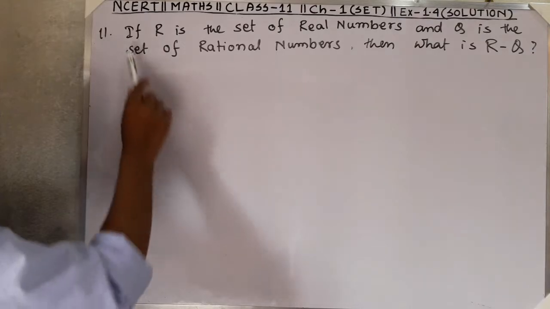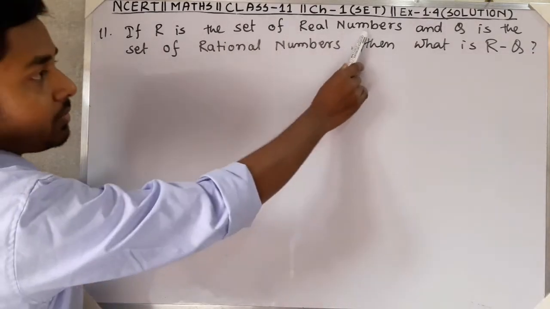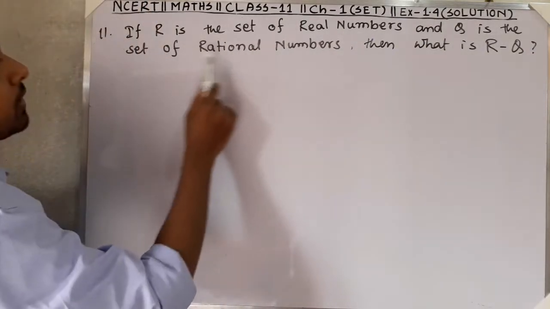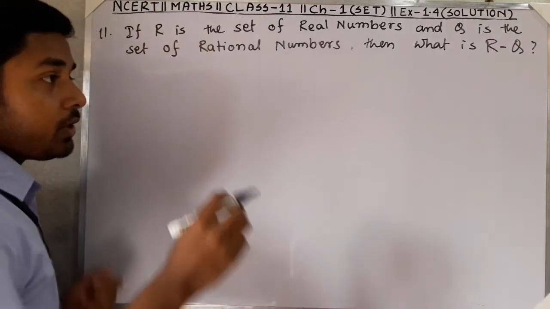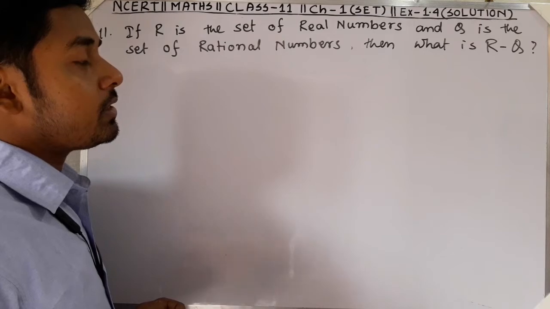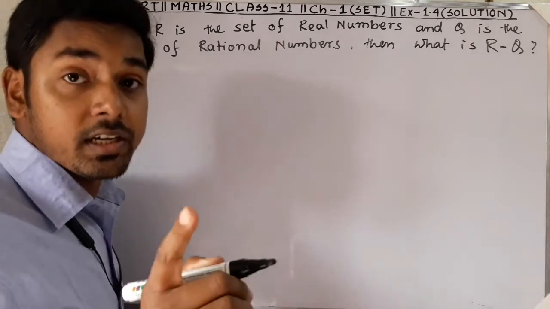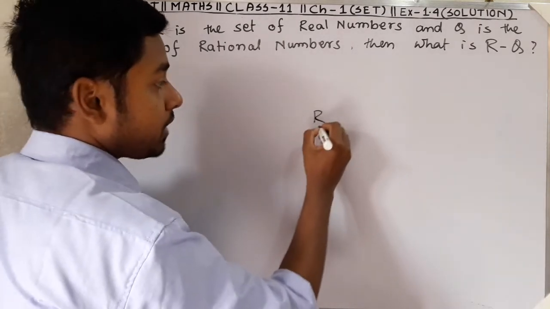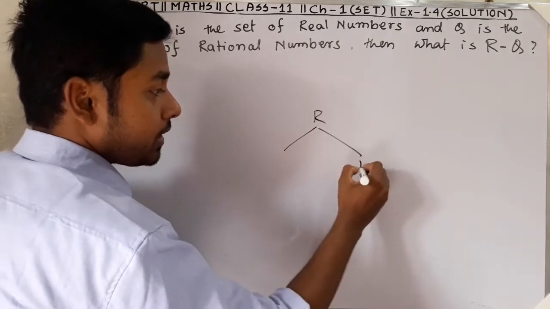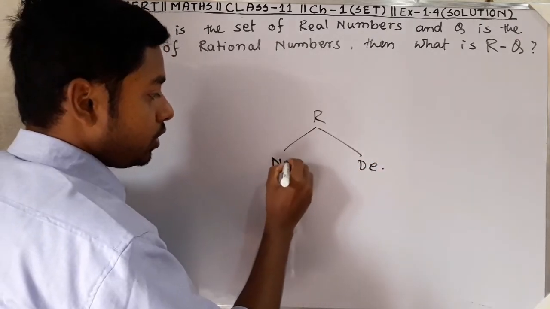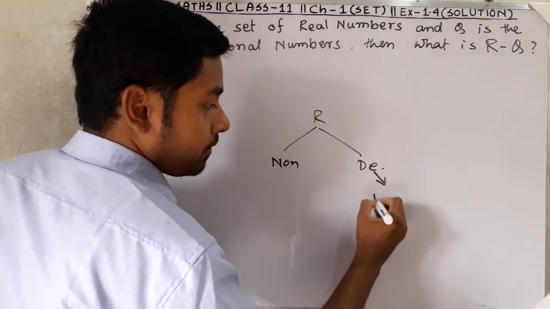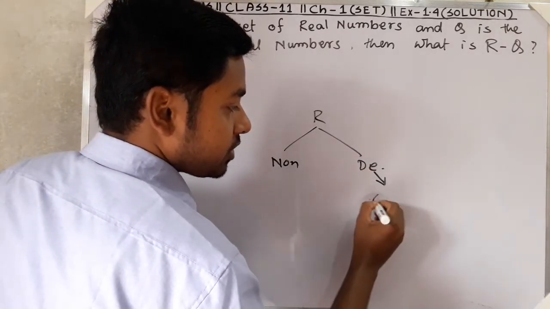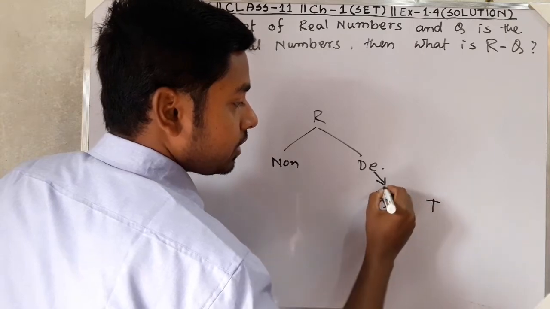Now question number 11. If R is the set of real numbers and Q is the set of the rational numbers, then what is R minus Q? I told you in the class of subsets of real number, real number has two parts, decimal and non-decimal. In the part of decimal, we have rational and irrational, two parts.